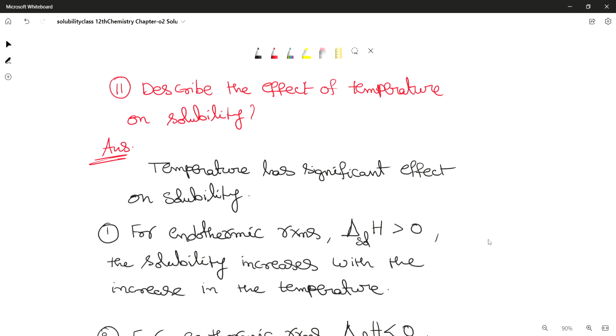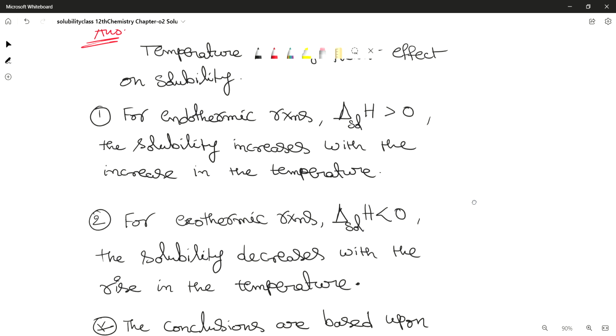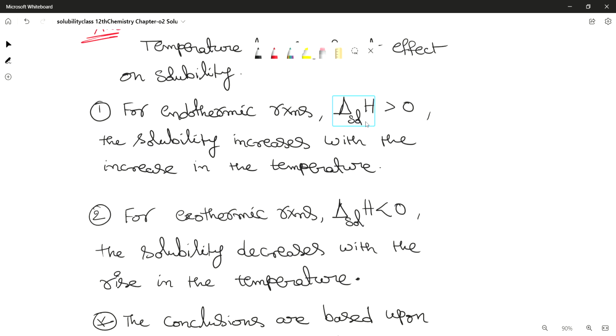Now describe the effect of temperature on solubility. Temperature has a significant effect on the solubility. For endothermic changes, where dissolution absorbs heat, delta H solution is greater than 0, and the solubility increases with the increase in temperature.